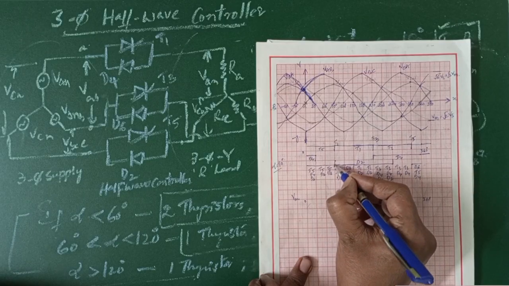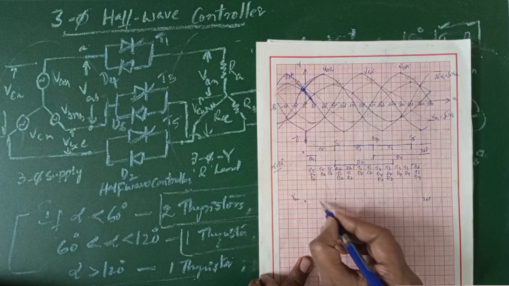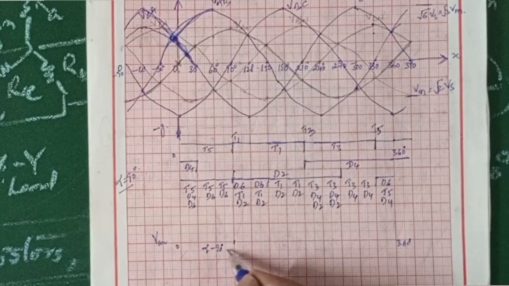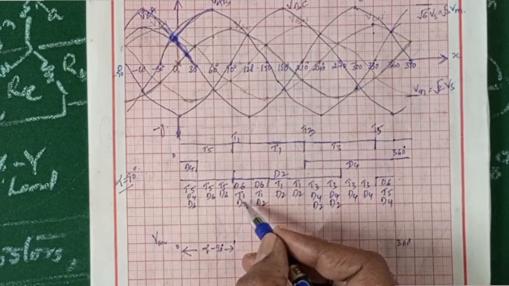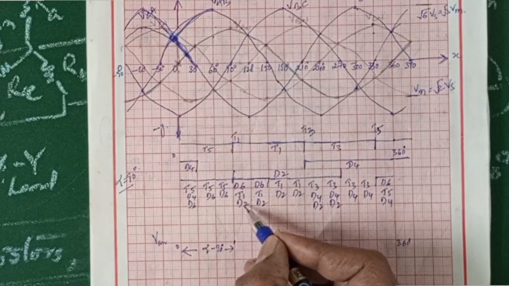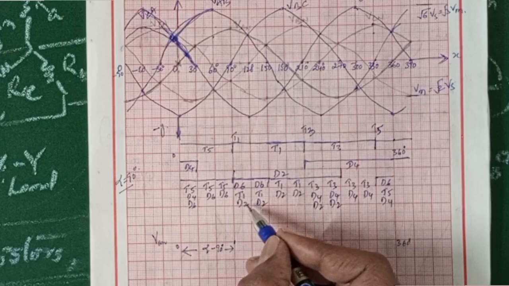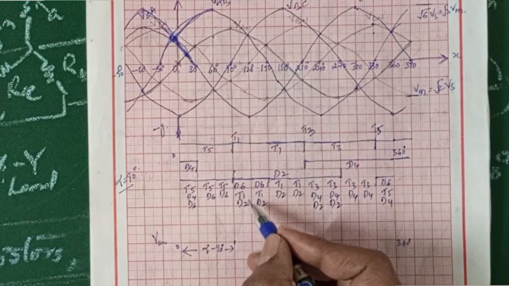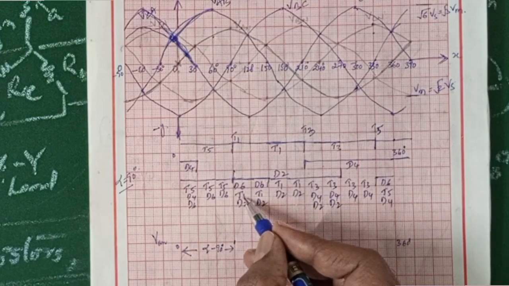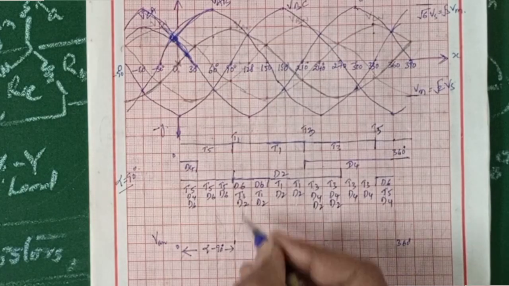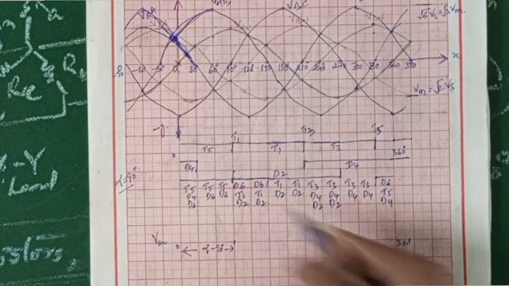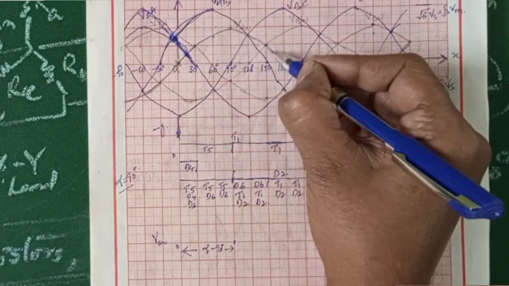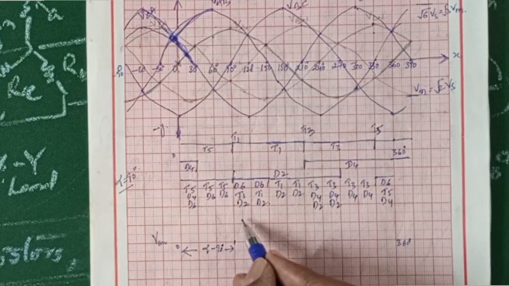You can consider from here, since alpha is 90 degrees, this is alpha 90 degrees here. Now when you consider here D6, T1 and D2 are in operation, that is 3 devices are in operation, which is nothing but the output voltage is going to depend upon the input phase voltage. T1 corresponds to VAN, so VAN is going to present between this and this, and between this and this VAN is coming down.